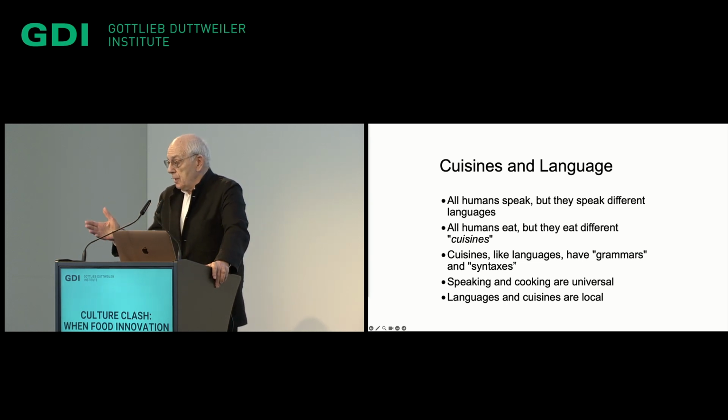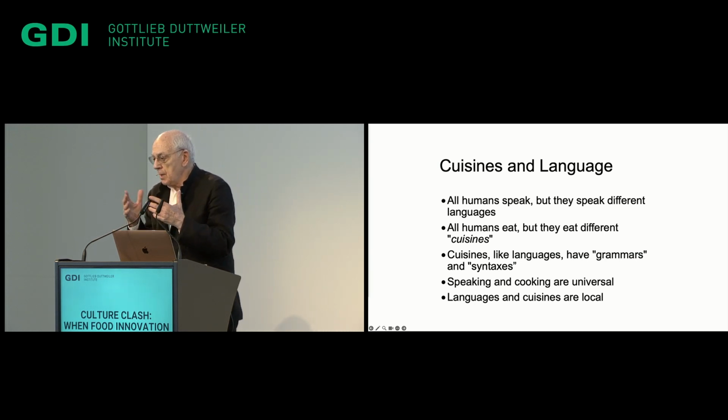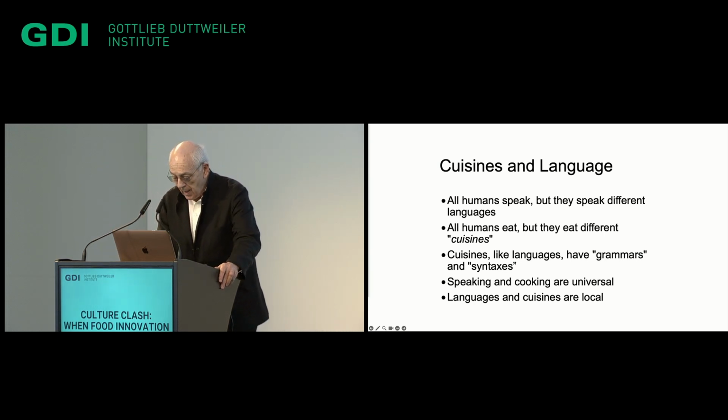So just like language is universal in the sense that all humans speak, but language is local, eating is universal and cuisines are local. They can have local inflections, regional inflections, you can have accents, you can have local peculiarities and everything.